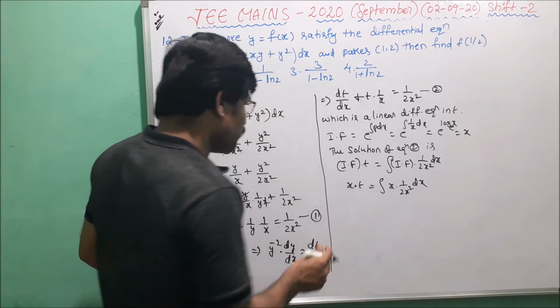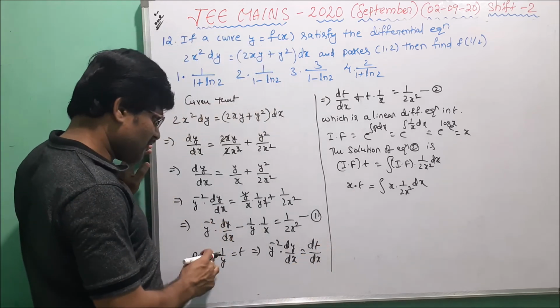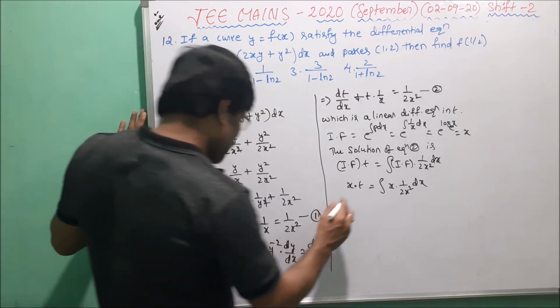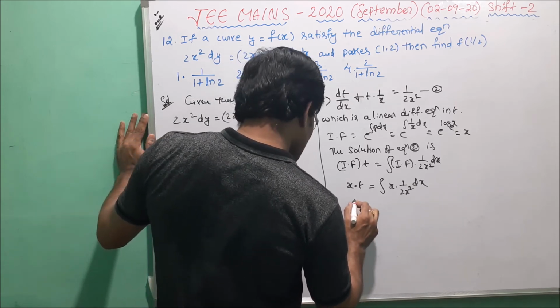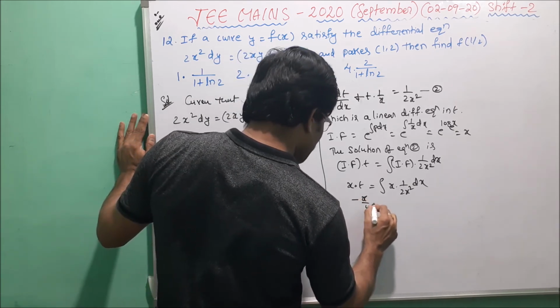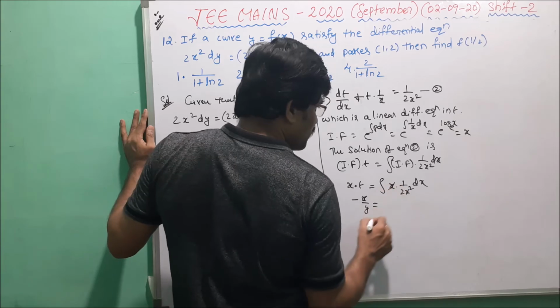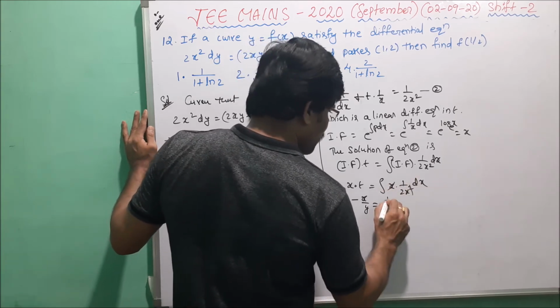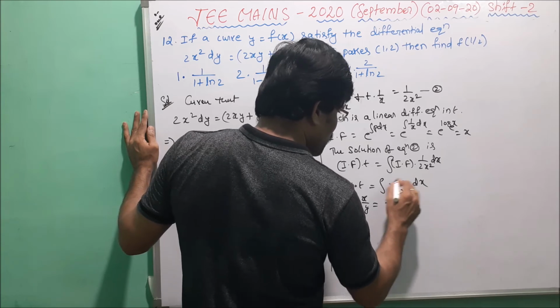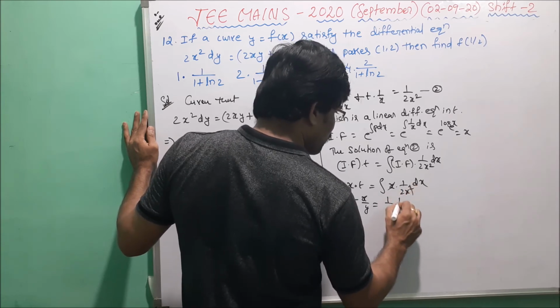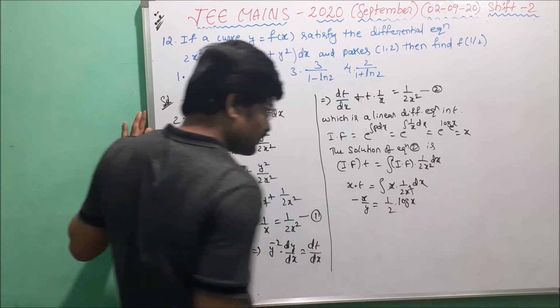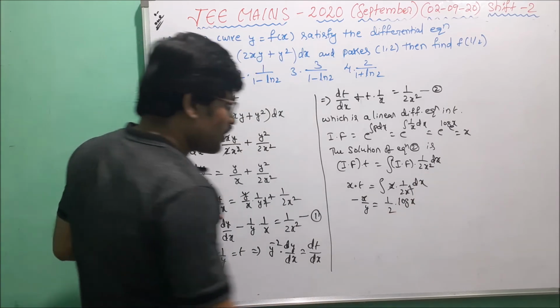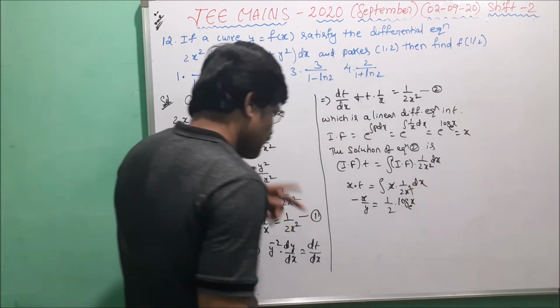Here we substitute the value of t equals minus 1/y. Now we write minus x/y equals, cancelling x, 1/(2x), that is 1/2 into the integral of 1/x, which equals log x. So 1/2 log x, base e.